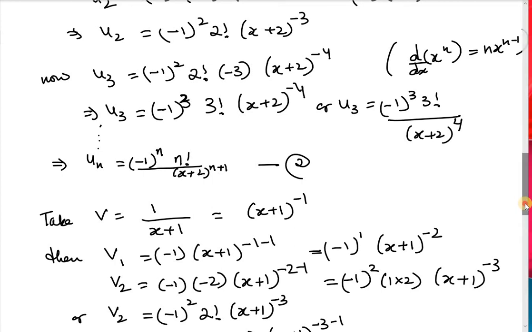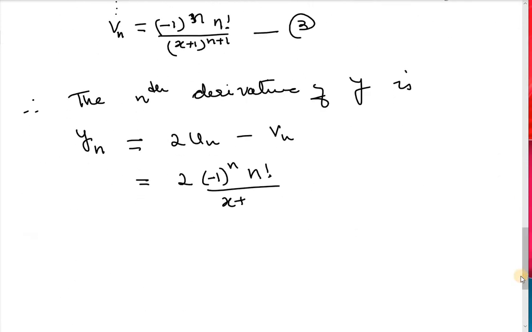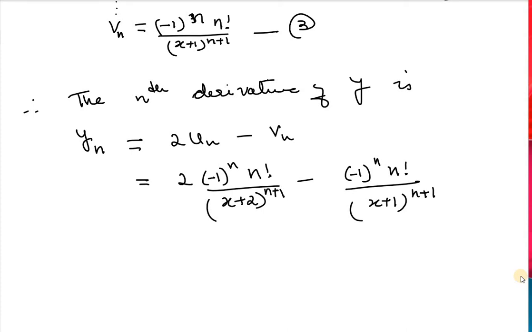So you replace that un by that one, then minus vn. What is vn? It is (-1)^n into n factorial by (x+1)^(n+1). So you see how I find the nth derivative of the function y is equal to x by (x+1)(x+2).